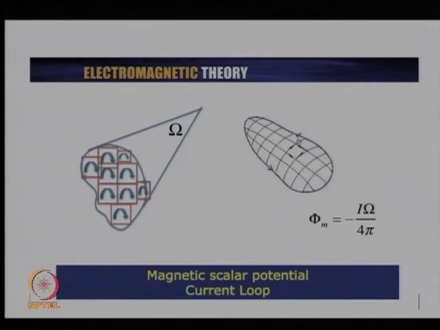Now, you can see that if you have adjacent loops, then of course, the direction of currents will cancel out from the adjacent loop, leaving me only the outer boundary. This is of course a type of networking that we have done earlier. So, therefore, the contribution of this entire loop comes from the solid angle that this entire loop makes here, because only the outside things on the boundary will contribute.